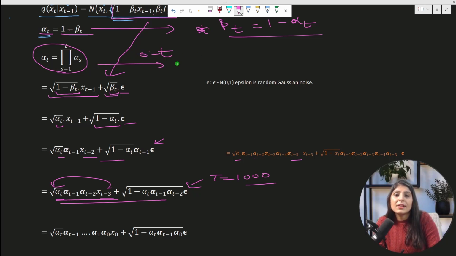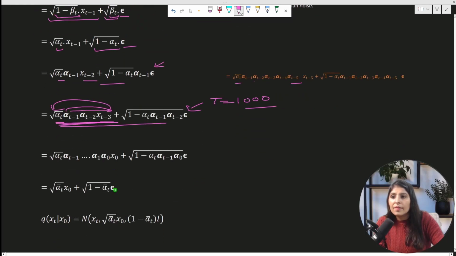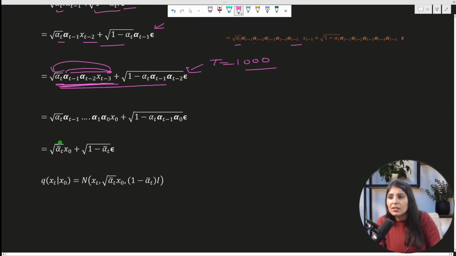Here we will multiply all the alphas together, meaning the value of alpha from time step 0 to t, so that we can simplify this formula. Instead of writing this entire thing, we can write it like this.